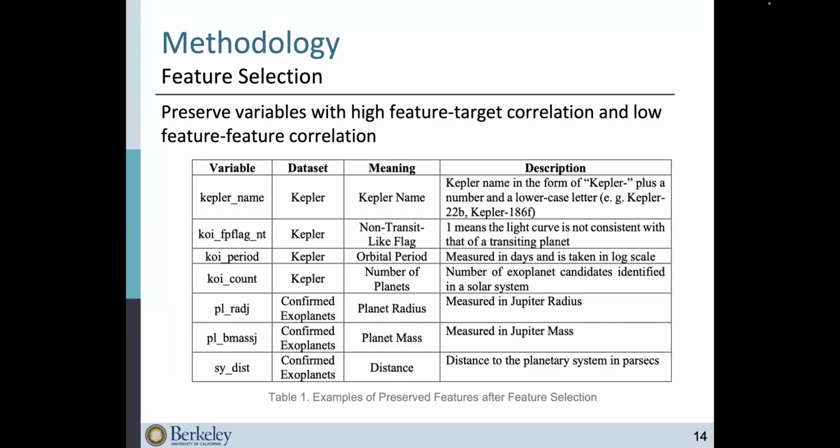Also we have Kepler count, the number of planets in a solar system, and some radius, mass, and distance. So yeah, these are some examples of preserved features.